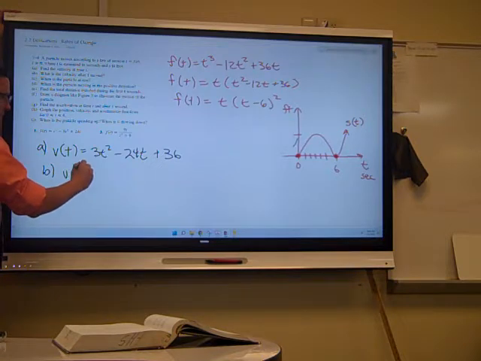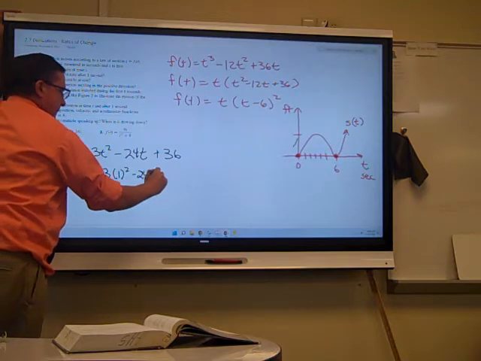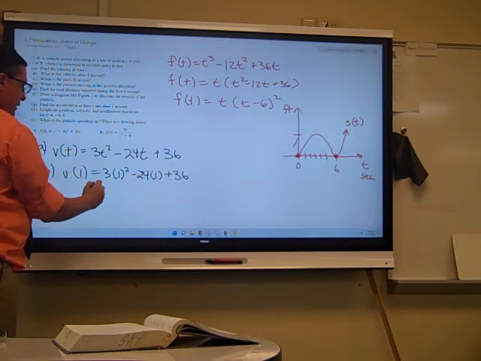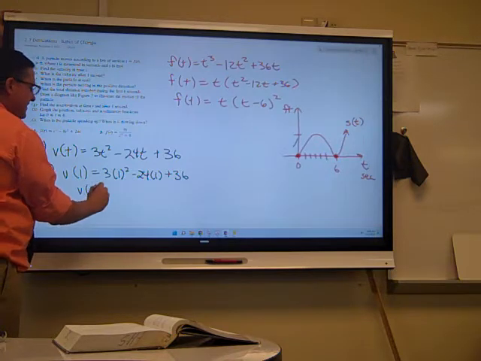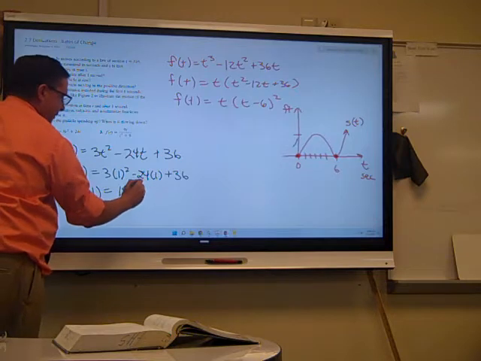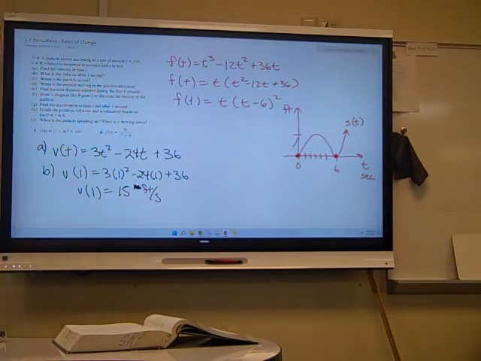So v of 1 equals 3 times 1 squared, minus 24, plus 36. And this is probably more work. So negative 12 plus 3. And this is what's hard. Everybody on the APs, and in my class, you've got to put the units. Whoops, not meters, sorry. There's nothing on the function to make you remember to do units.